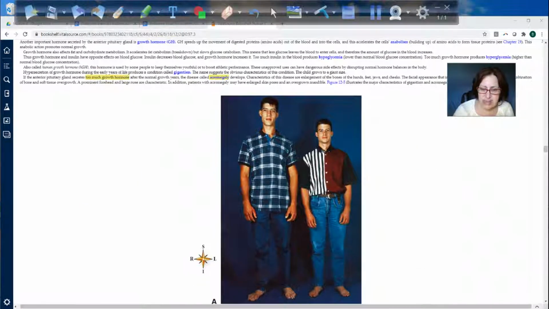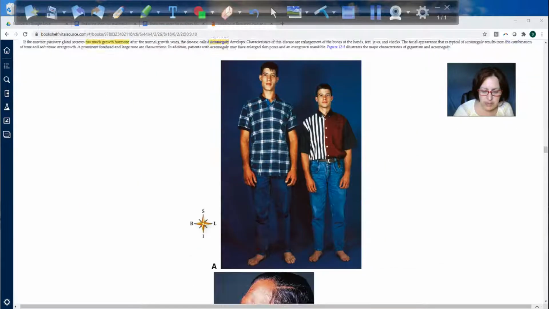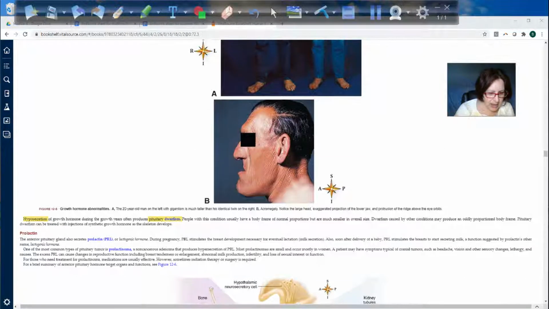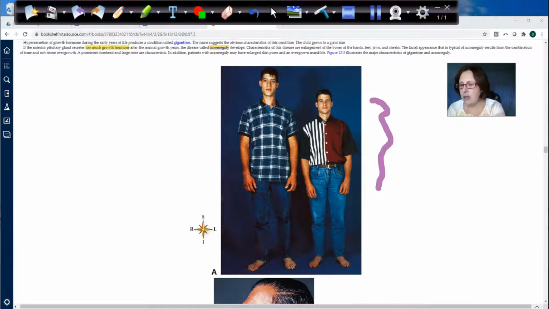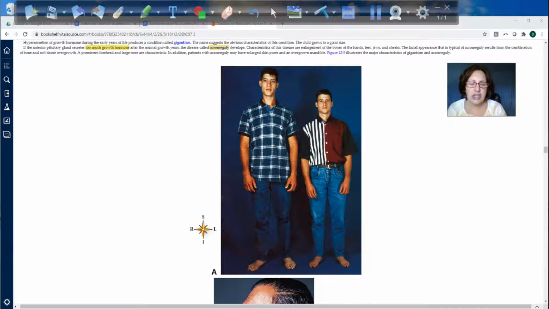So here's an example of someone, let's see what they say here. Okay, so this one is gigantism. I assume they're saying that this is the normal and this is the extremely tall. Your arms are really long, your legs are really long, everything but in proportion. The next picture is someone with acromegaly.